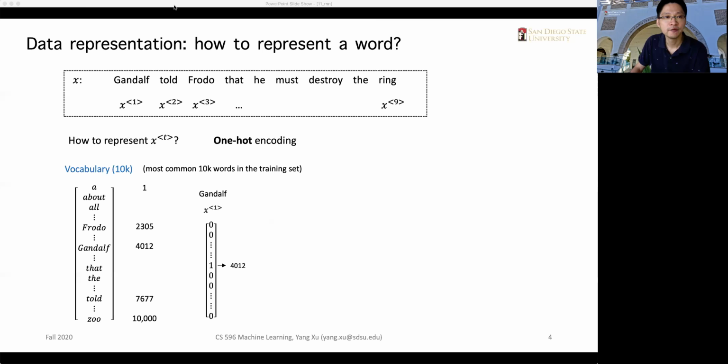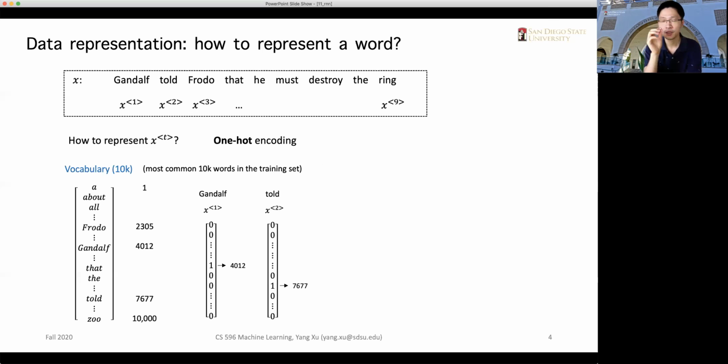And then for the next word, toad, we also need to represent it with a one-hot encoding, but this time the position of the 1 is in a different position, because the index for toad is 7,677.